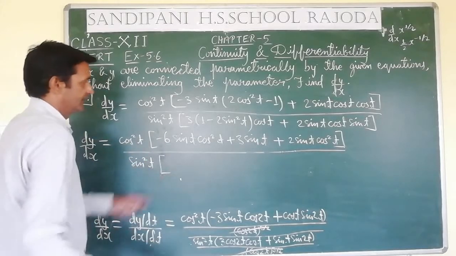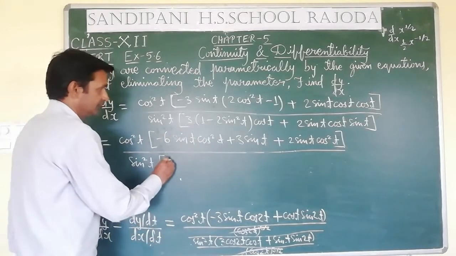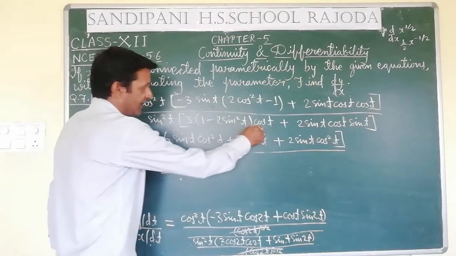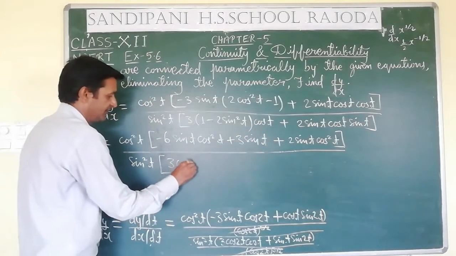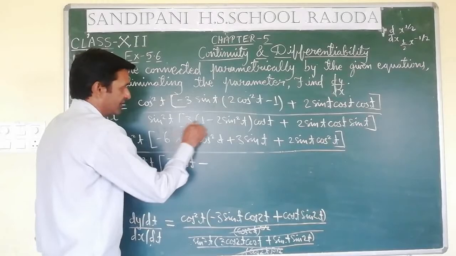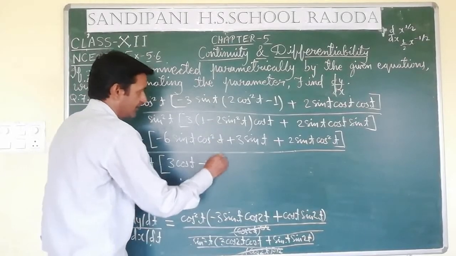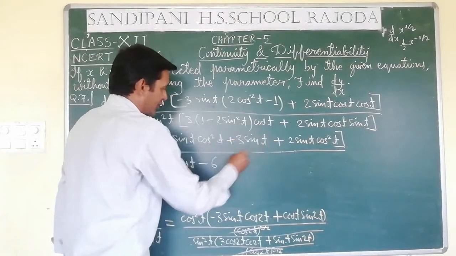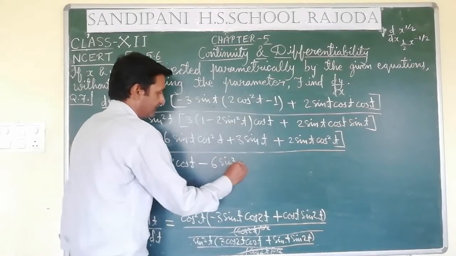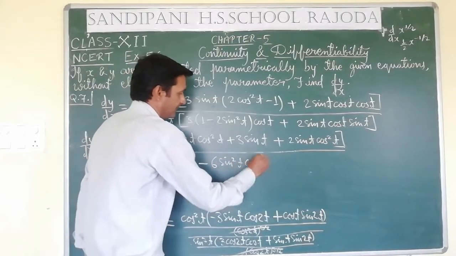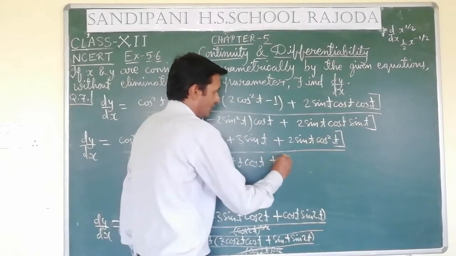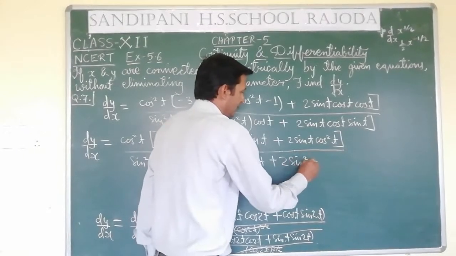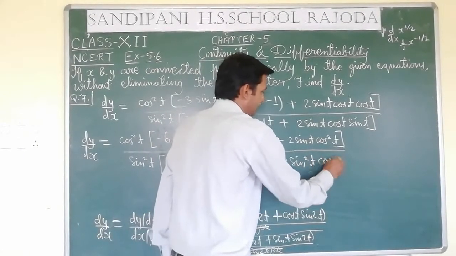With this, 3 1 are 3 into cos t, means 3 cos t, minus 3 2 are 6 sin square t cos t, plus 2 sin square t cos t.